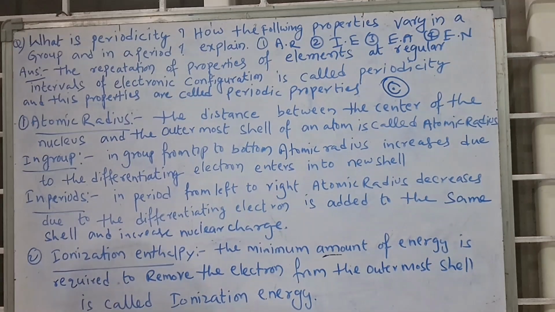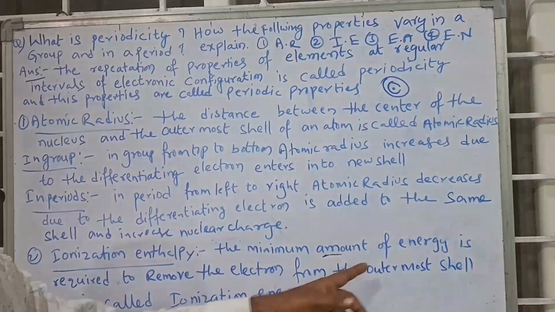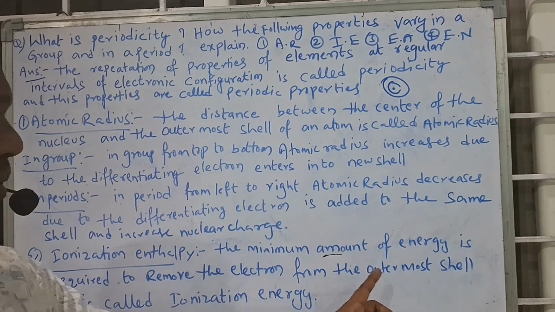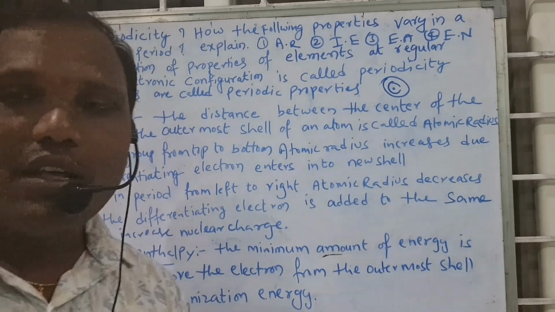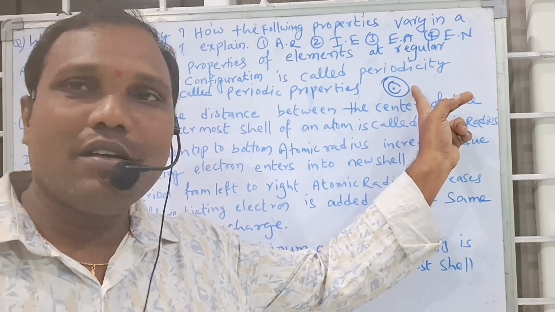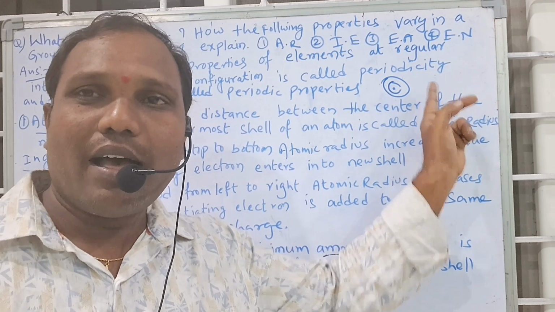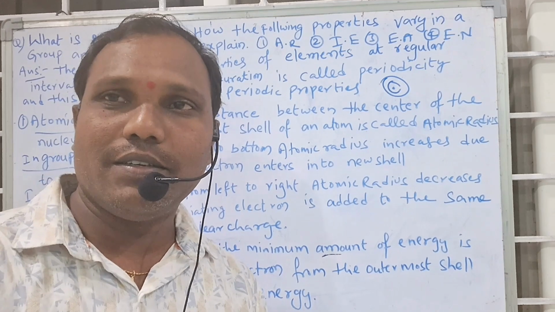Next, ionization energy. The energy required to remove an electron from the outermost valency shell is called ionization energy.